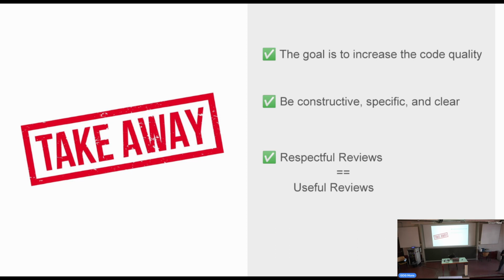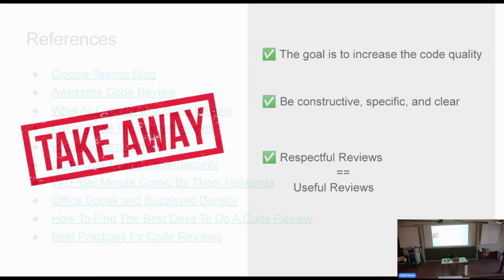As a reviewer, we are human, but when we give feedback, and this applies not only in code but in different places, we should be constructive, we should not use harsh language, and we should be respectful. And why is that? Because respectful reviews will lead to useful and efficient reviews.